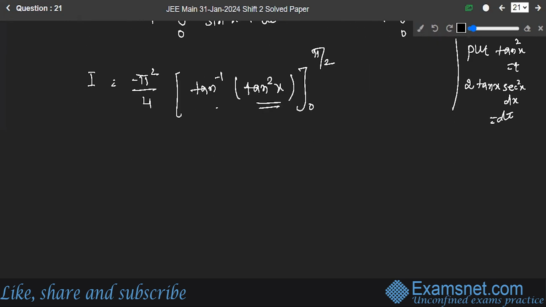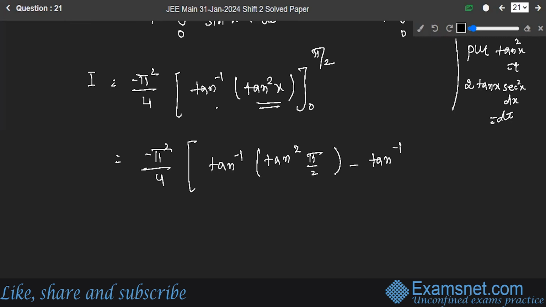Now let's fill in the limits. This is equal to minus pi square upon 4 times inverse tangent of tan square pi by 2, minus inverse tangent of tan square 0. I'll directly fill in.